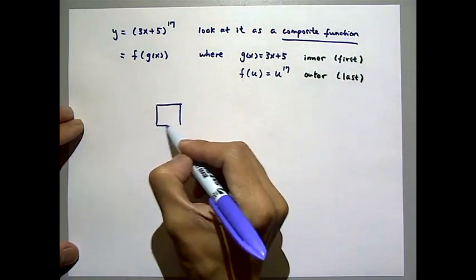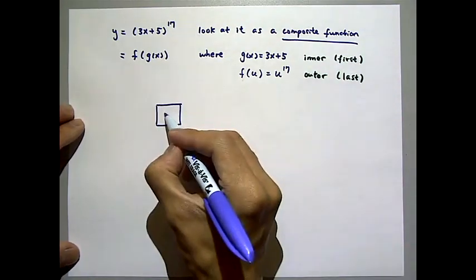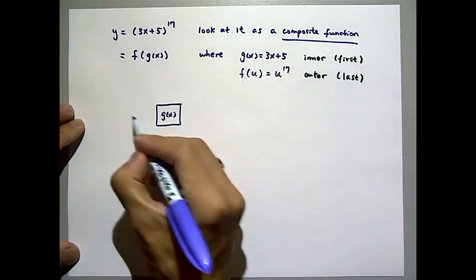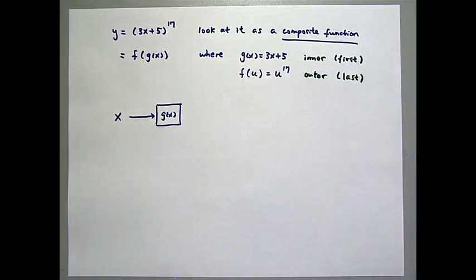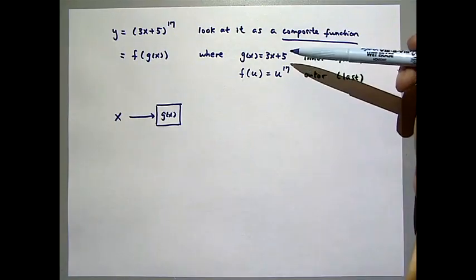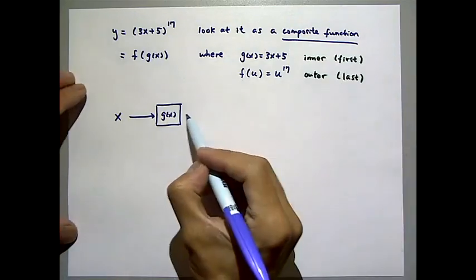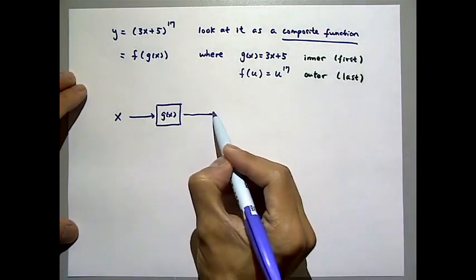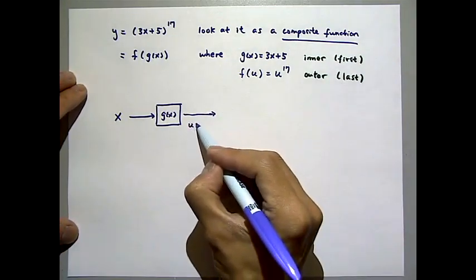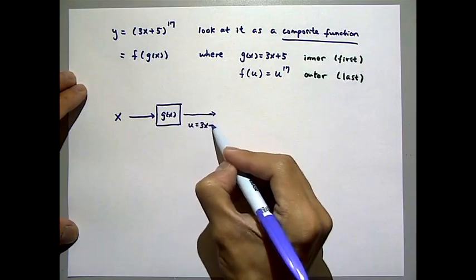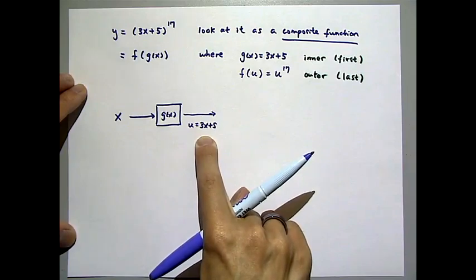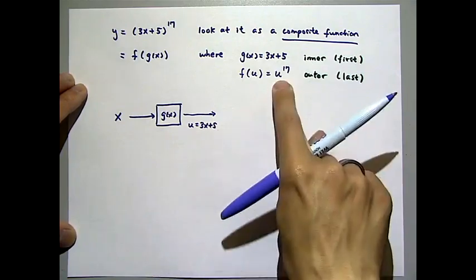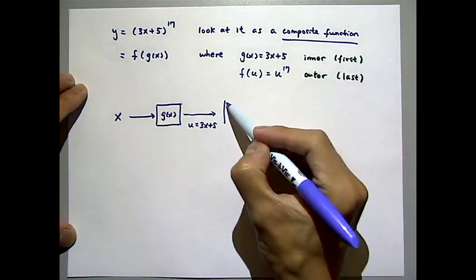Another way to look at what's going on here: you decide what x is going to be. And the function g is 3x plus 5. And g is going to operate on the x you put in here and output something called u, which is 3x plus 5, right? And that thing gets fed into the second function.